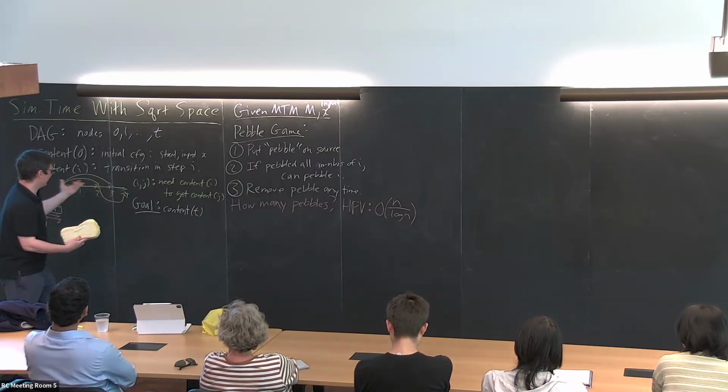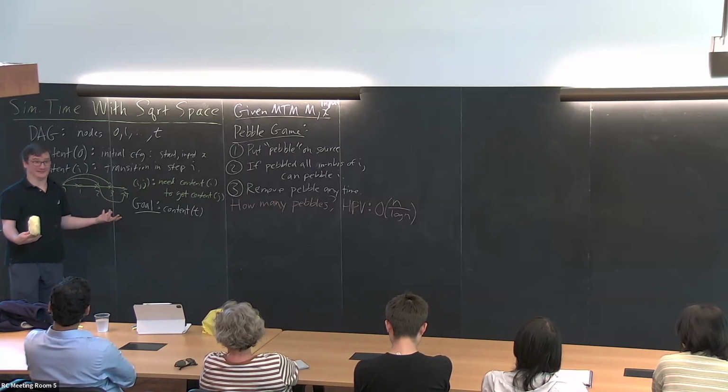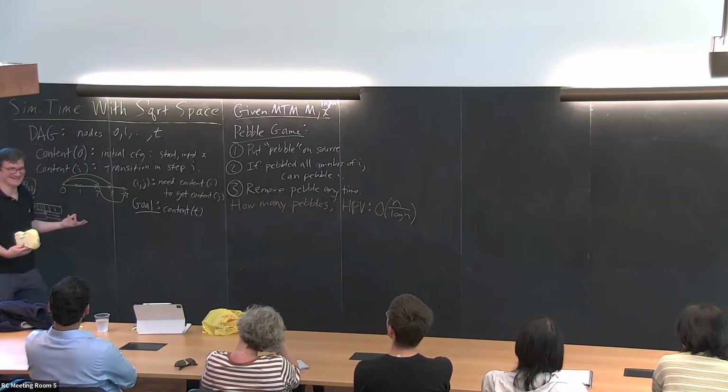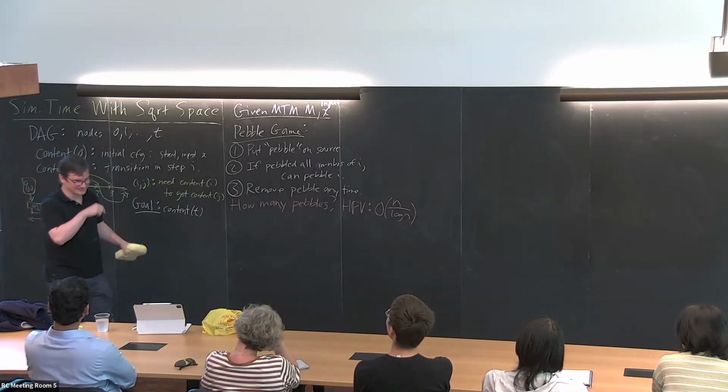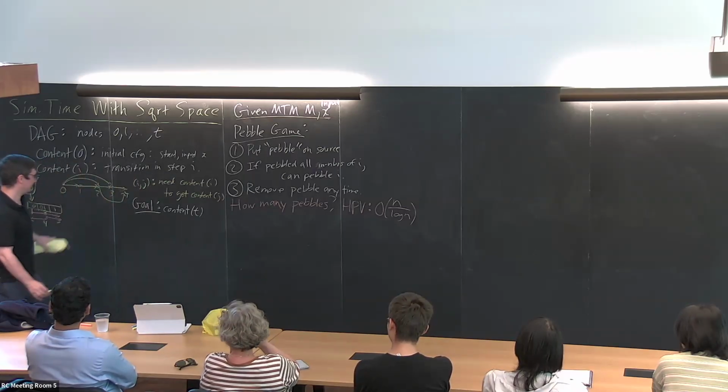If we write it down in the most naive way, it could take t log t bits to write down a t-node DAG. That's annoying, because the graph is big.